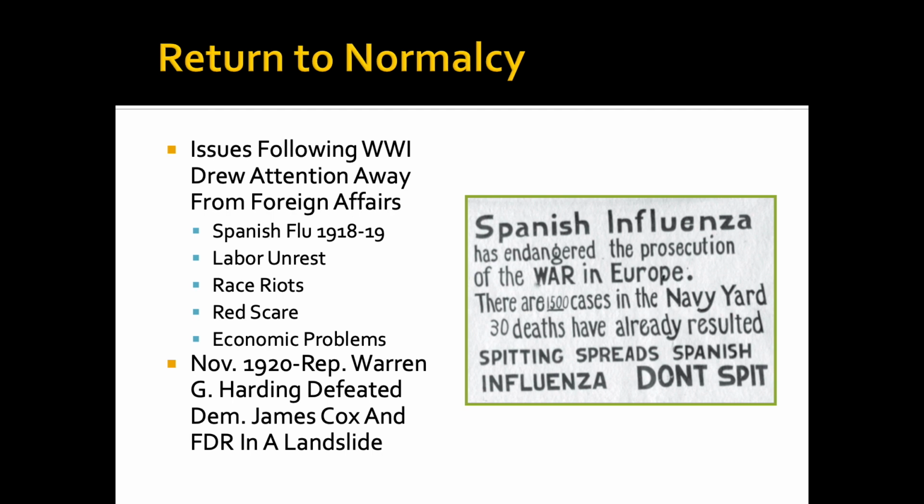He defeated his Democratic opponents, which included, ironically enough, James Cox and a young Franklin Delano Roosevelt as vice president, but they were defeated in a landslide by the Republican ticket of Harding. And so this return to normalcy, Americans wanted to return to the way things were before the war, and that marked the end of our involvement in World War I.